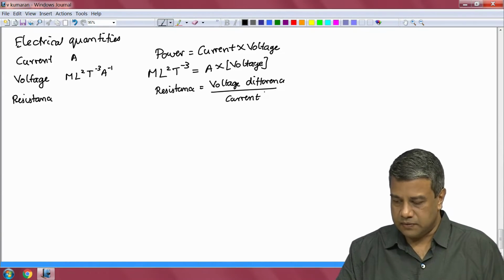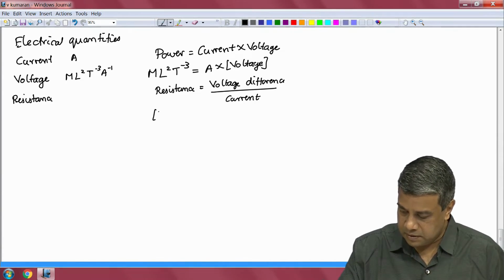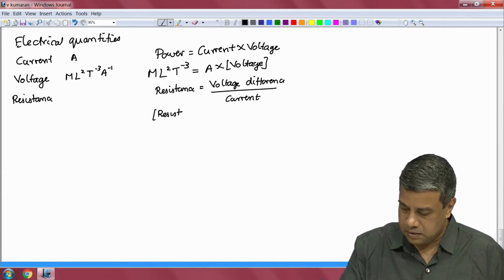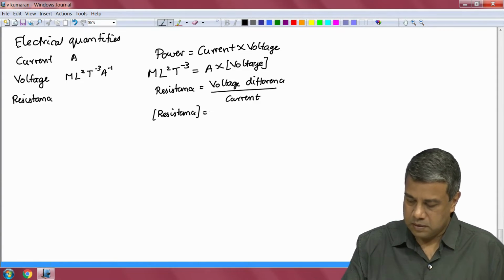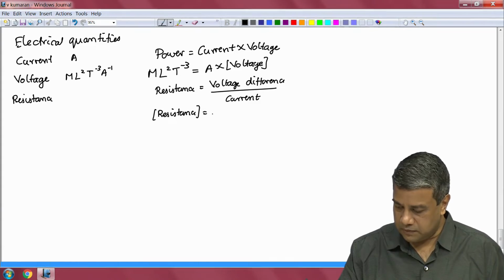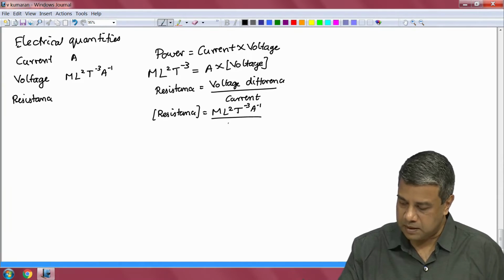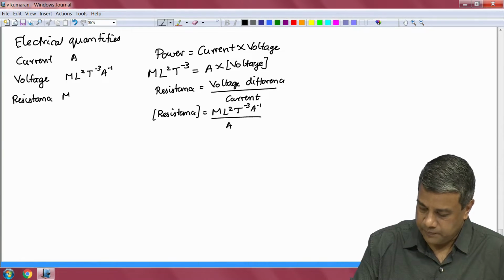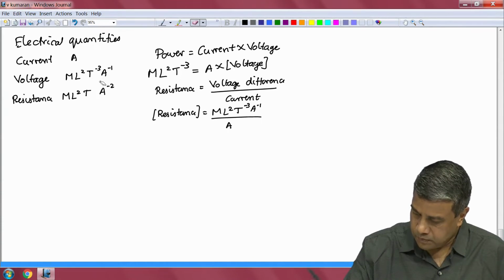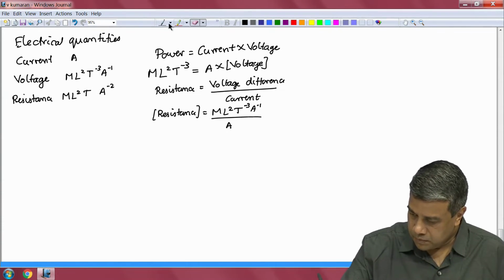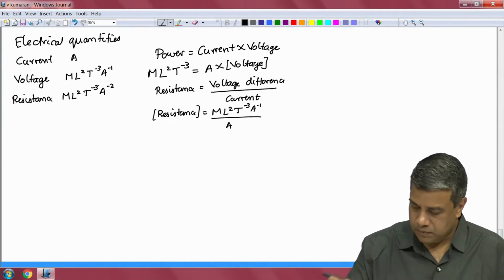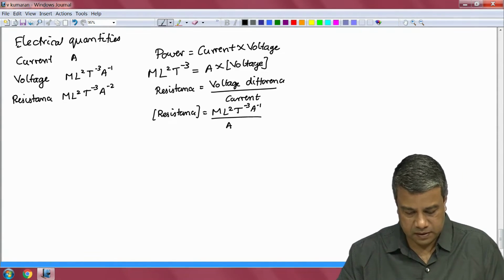So, therefore, the dimension of resistance is going to be equal to the dimension of voltage difference, M L square T power minus 3 A inverse, divided by the dimension of current. So, that is the dimension of electrical resistance.